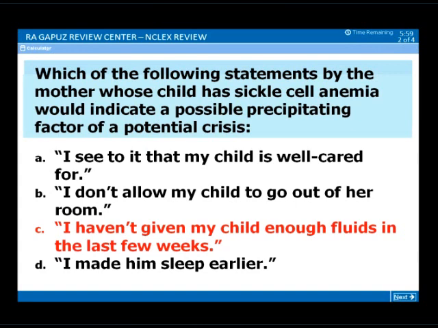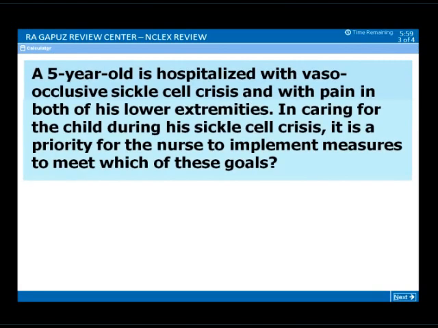Now, how many answers did we answer so far correctly? You're right. 2 correct answers. Let's move on and add up some more. This is another example. A 5-year-old is hospitalized with vaso-occlusive sickle cell crisis and with pain in both of his lower extremities. In caring for the child during his sickle cell crisis, it is a priority for the nurse to implement measures to meet which of these goals?